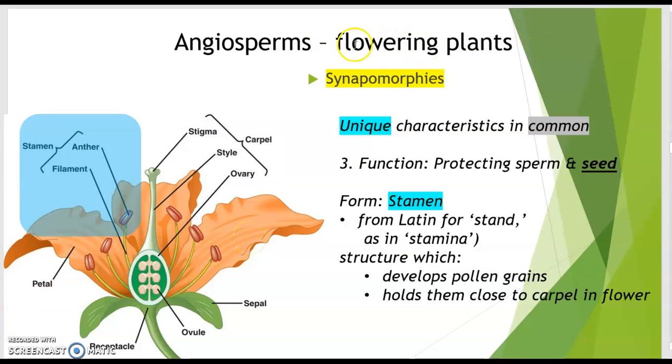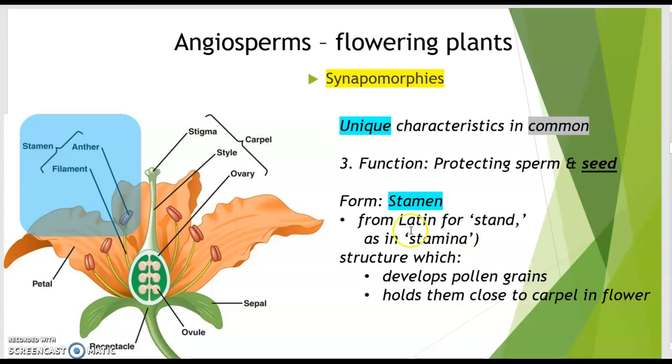The third synapomorphy that angiosperms have in common is also to protect sexual reproduction. This one is to protect the sperm and consequently the seed that arises from it. And this form of that function is the stamen. And these stamen are here right near the ovule. And the stamen, you'll remember that word because it comes from the Latin word for stand.